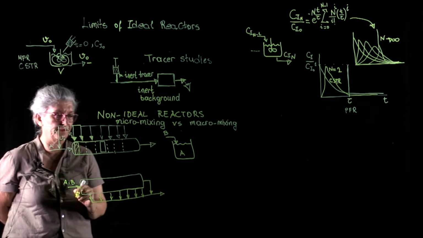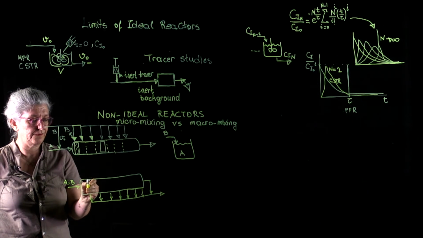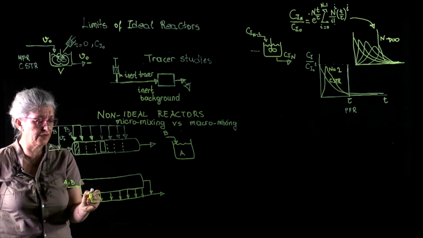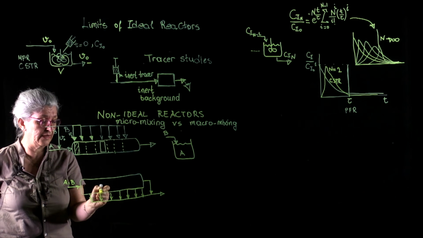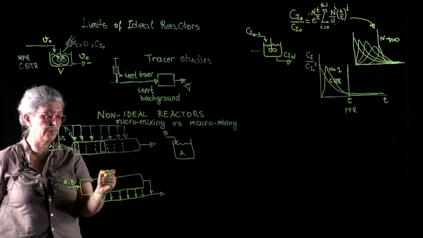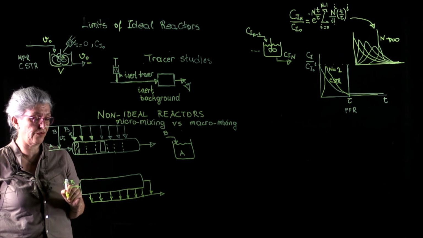So here this product was removed after a short period of time. This product was removed after a little bit of conversion has taken place, and so on and so forth.